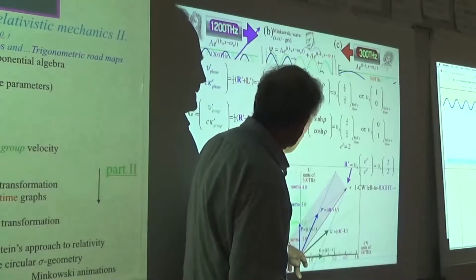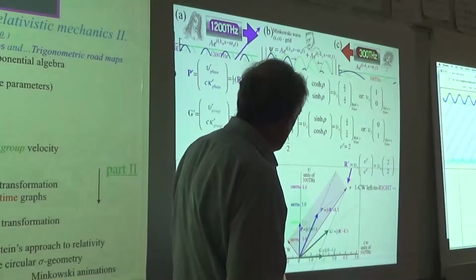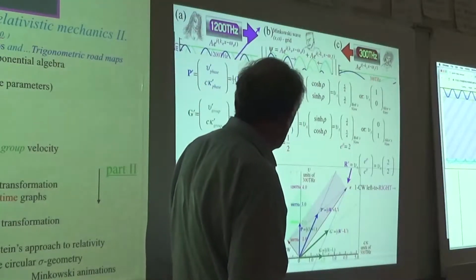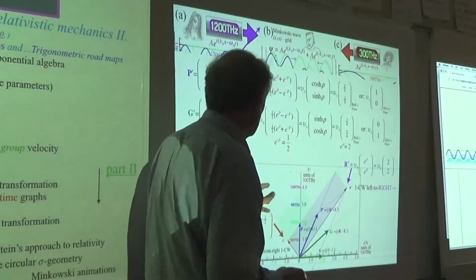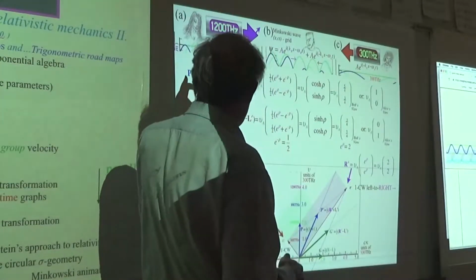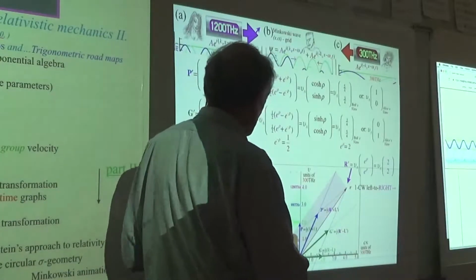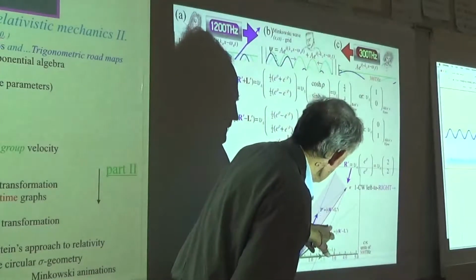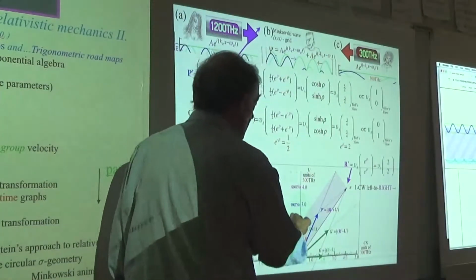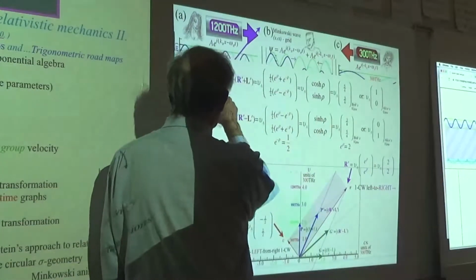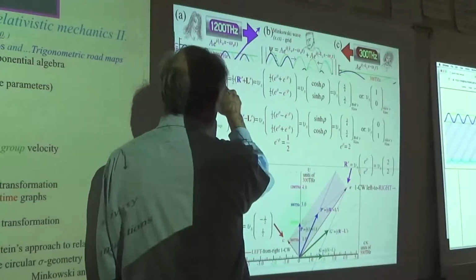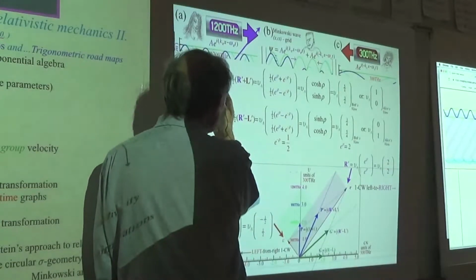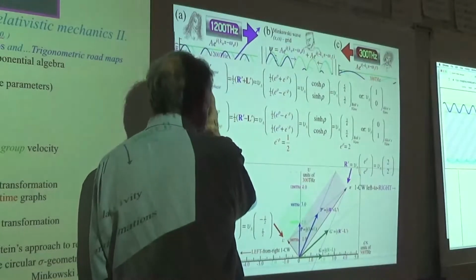Now, see if there's anything else I need to mention at this point. Basically, it's really very simple in that the good old pitcher's mound here and the group vector, this one here, has this value for the frequency and this value for the wave number times c.